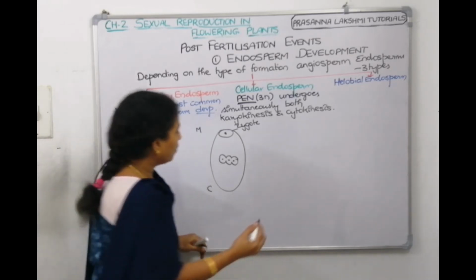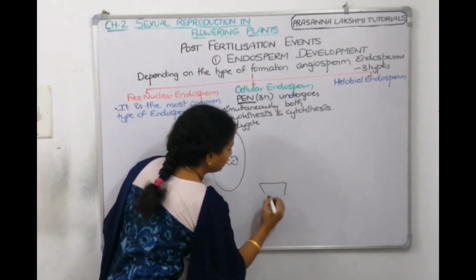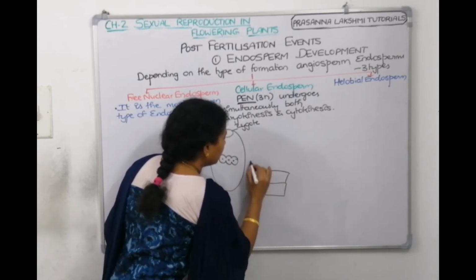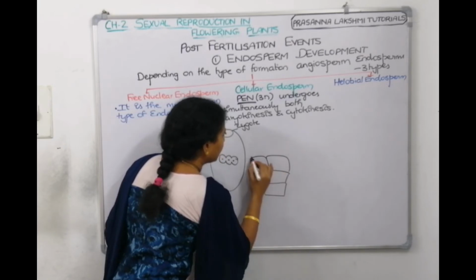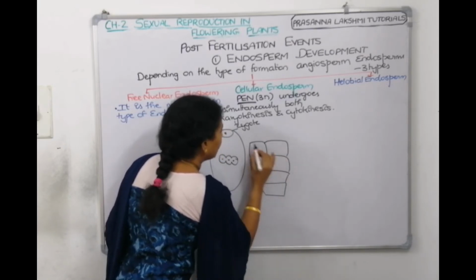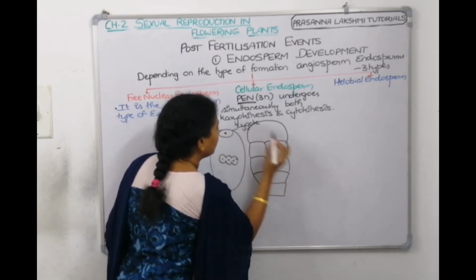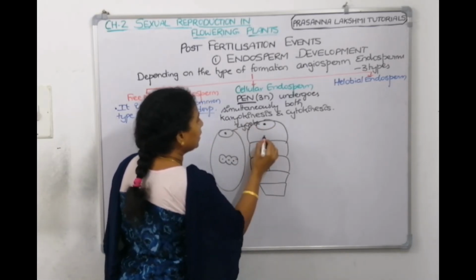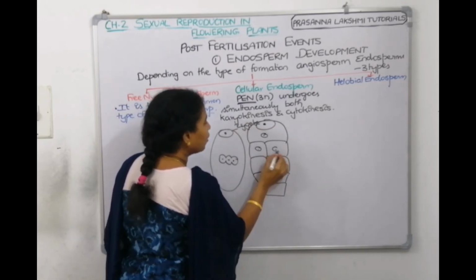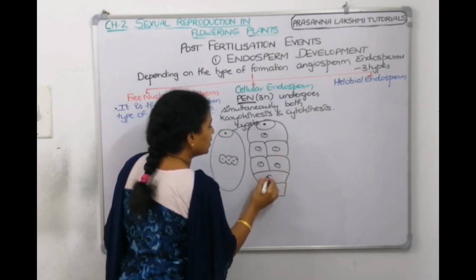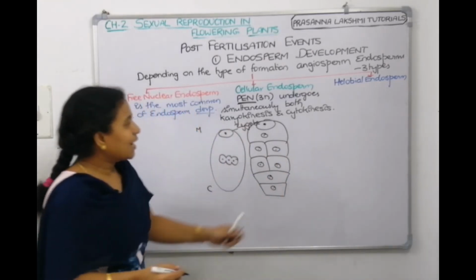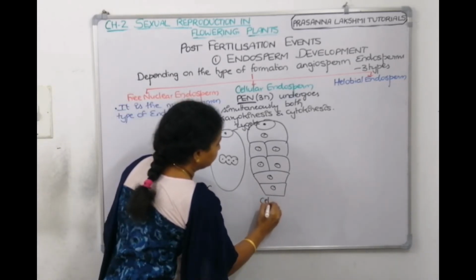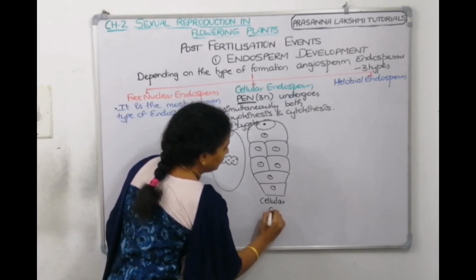So when we have to draw, 1 cell, another cell, another cell, another cell, right? Here is the zygote. So can you see? They are not free nuclei. Nucleus within the cell.